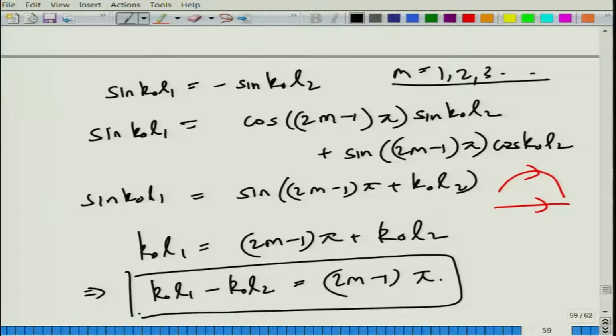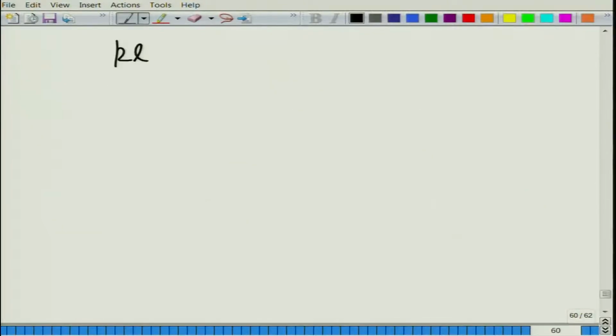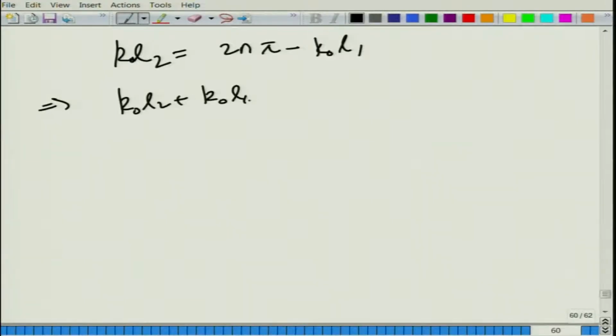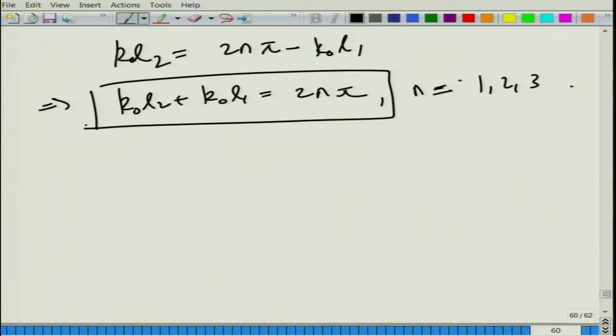Now, another way in which the destructive interference can happen is when K0 L2 plus K0 L1 is equal to 2n pi, where n is equal to 1, 2, 3 and so on. This is what you get. How do we get this?